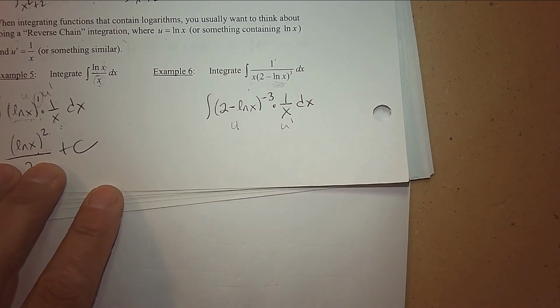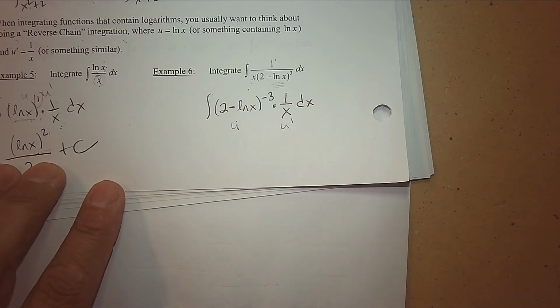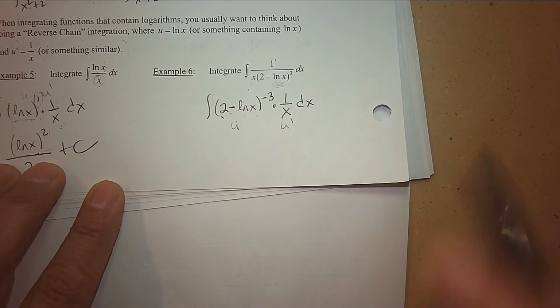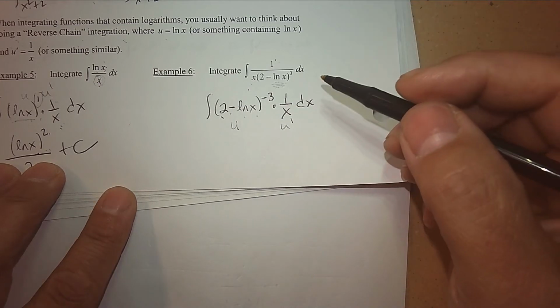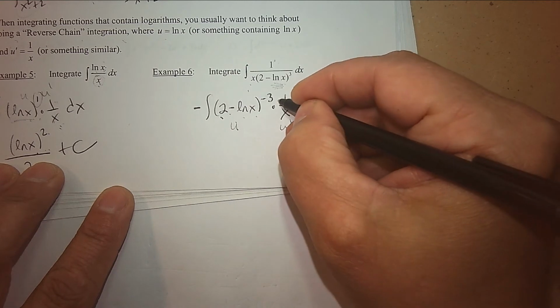So often, right, a fraction needs to be written as the negative exponent so you can see u and u prime. What's the derivative of 2 subtract ln x? Close. So what do I need in front to keep it equivalent? Right?